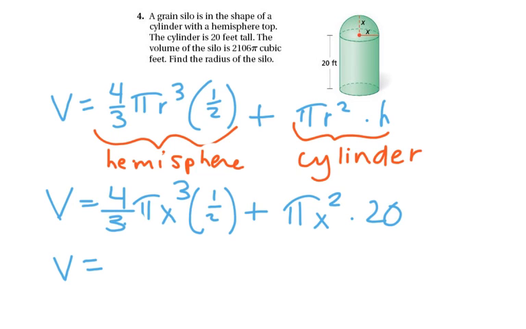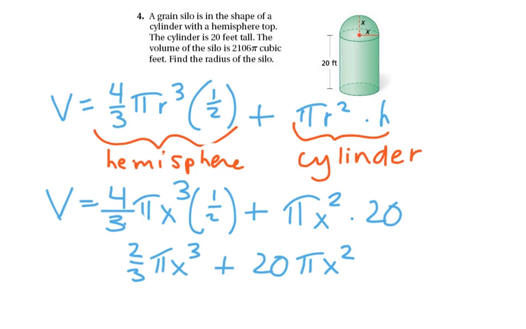Half of 4/3 is going to be 4/6, which is 2/3. So 2/3 pi x cubed plus 20 pi x squared. Getting rid of volume and putting in what it's equal to, 2,106 pi, you can see that we can easily cancel pi out.